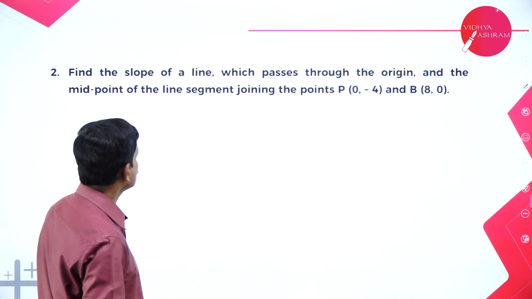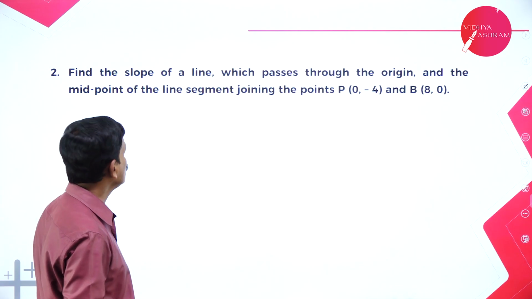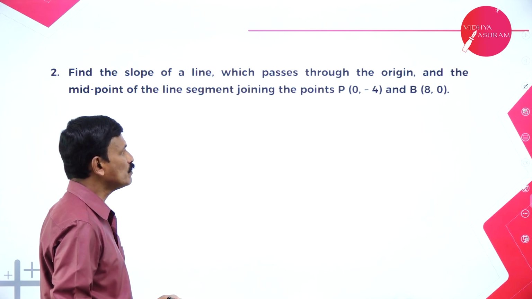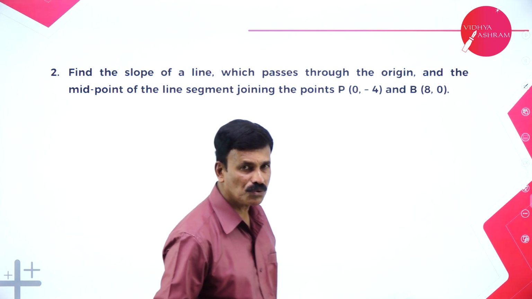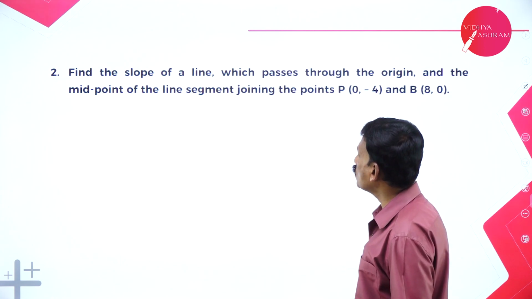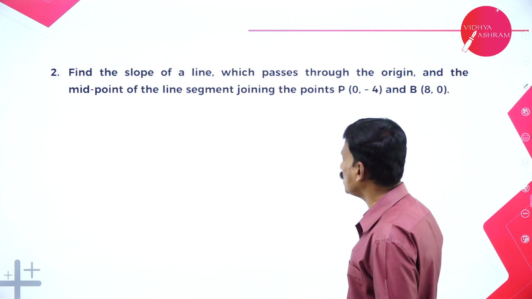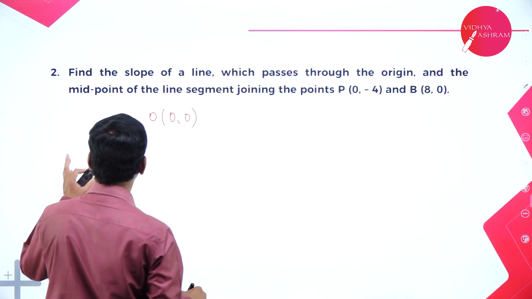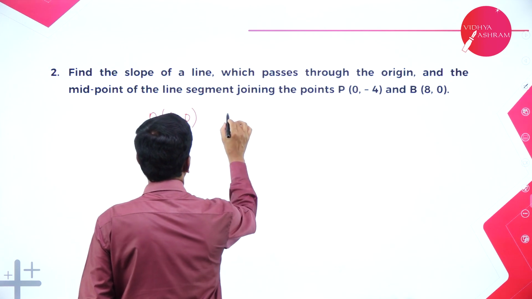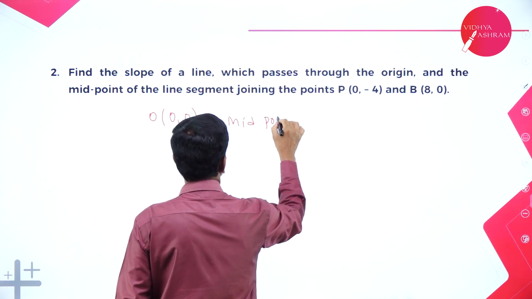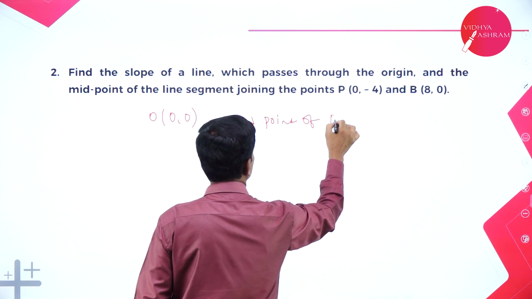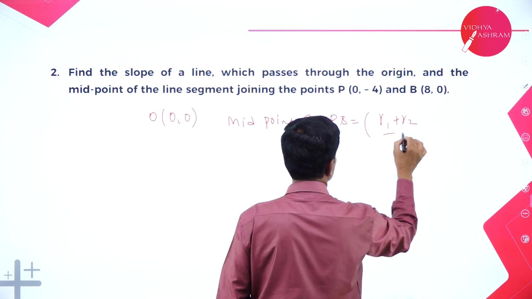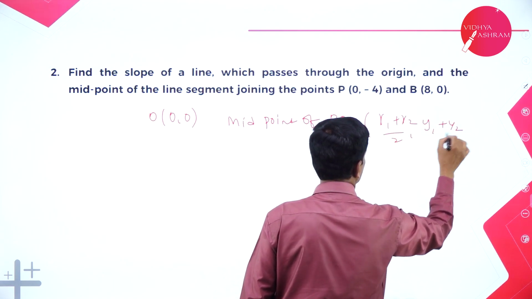Now find the slope of a line which passes through the origin and the midpoint of the line segment joining the points P (0, minus 4) and B (8, 0). What is the problem? Find the slope of a line which passes through the origin, O (0, 0), and the midpoint of the line segment PB. The midpoint of PB is, what is the formula? (x1 plus x2) by 2, comma, (y1 plus y2) by 2.